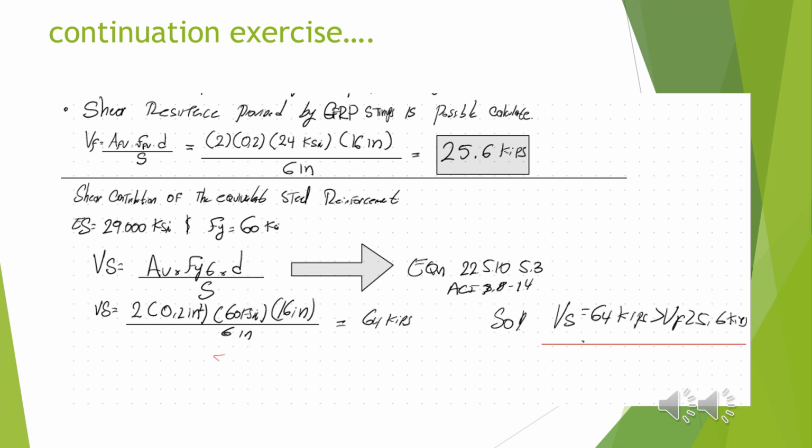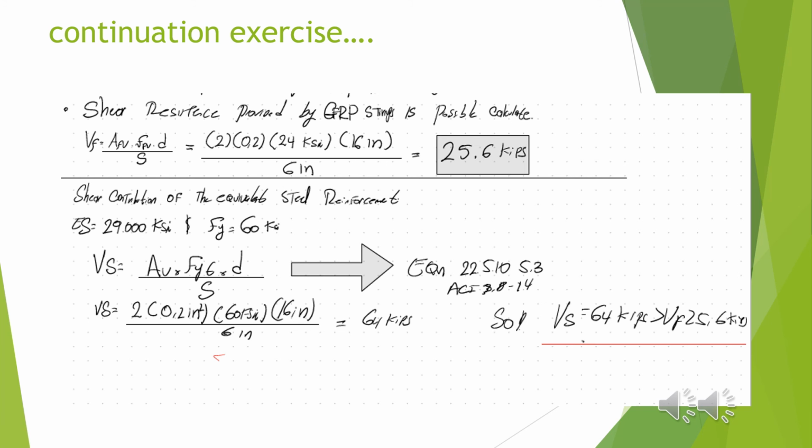However, if we go back to the previous slide, we would see that the GFRP stirrup had a tensile strength of 100 KSI, which was significantly reduced to 24 KSI to ensure a safe and conservative prediction of the strength and resistance of the GFRP stirrups, and to ensure that no catastrophic failures occur.